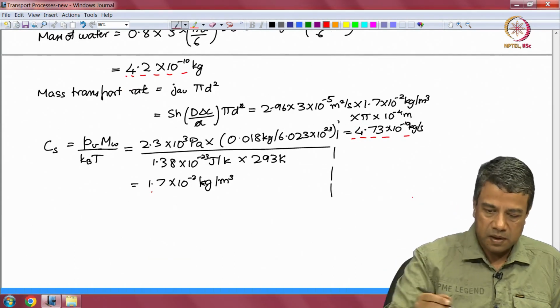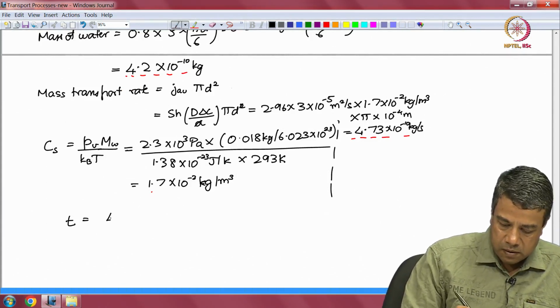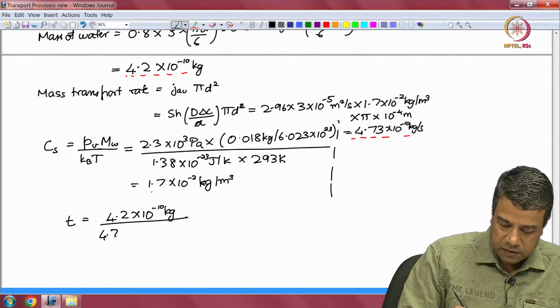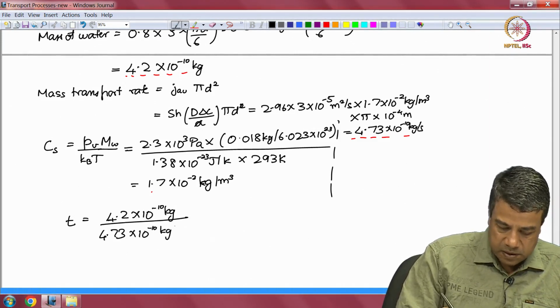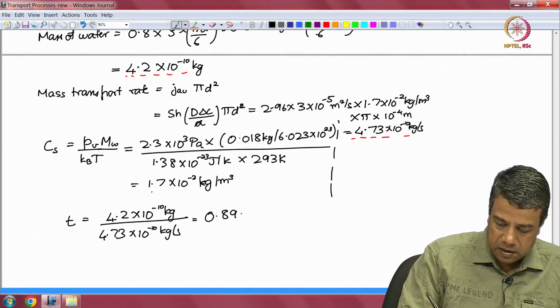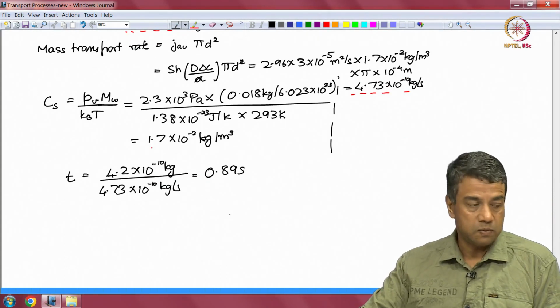So, the time required for evaporation T will be equal to the amount that has to be evaporated, 4.2 into 10 power minus 10 kg divided by 4.73 into 10 power minus 10 kg per second. Okay. This turns out to be about 0.89 second. Okay. So, the entire evaporation is actually taking place within 1 second.